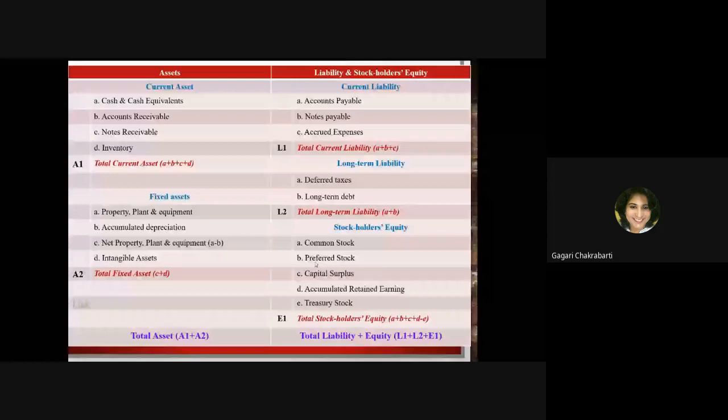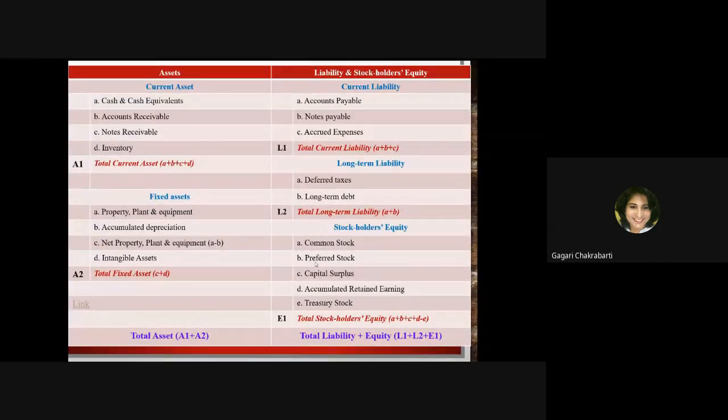But when the shares are actually sold in the market, the prices may be much higher than the original face value. So in that case, there will be some reserves and surplus, or the share premium. In some cases, the capital surplus is called the share premium also, or the reserve and surplus. So these are also part of the equity. So that will be coming here.